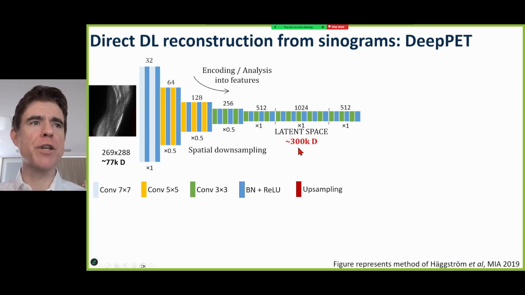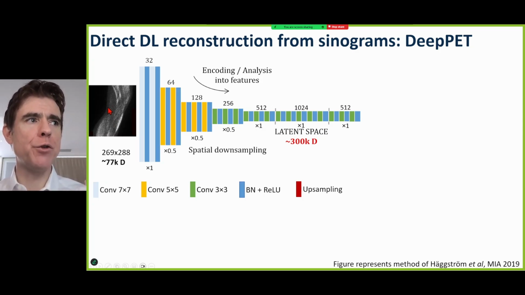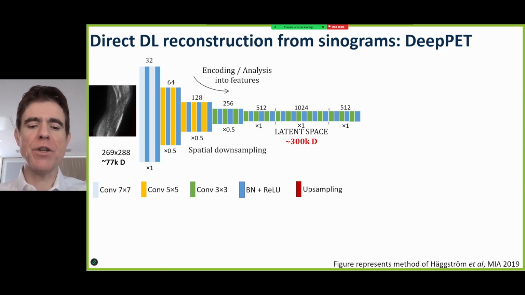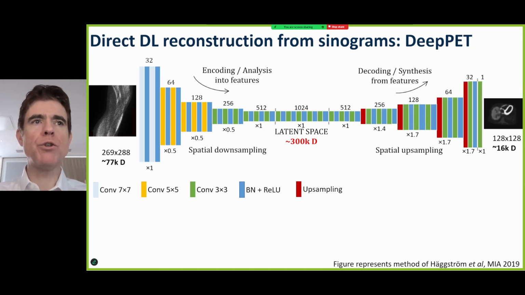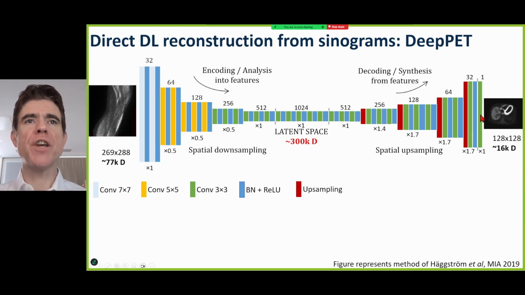You'll notice here, if you do the calculations, actually we're going to a much higher dimensional abstract representation of that sinogram data. So this is, if you like, encoding that information into some high dimensional latent space, some kind of explanatory underlying values, which can then be decoded via synthesis, a decoder, a generator, to then re-express that common information now in the form of an image.